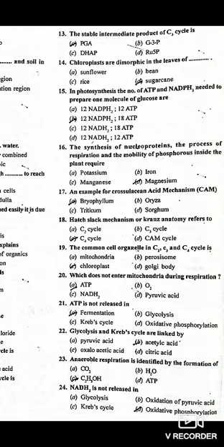Next question 13, the stable intermediate product of C3 cycle is, option A, PGA. 14th question, chloroplasts are dimorphic in leaves of, option D, sugarcane. 15th question, in photosynthesis the number of ATP and NADPH2 needed to prepare one molecule of glucose are, option B, 12 NADPH2 and 18 ATP.